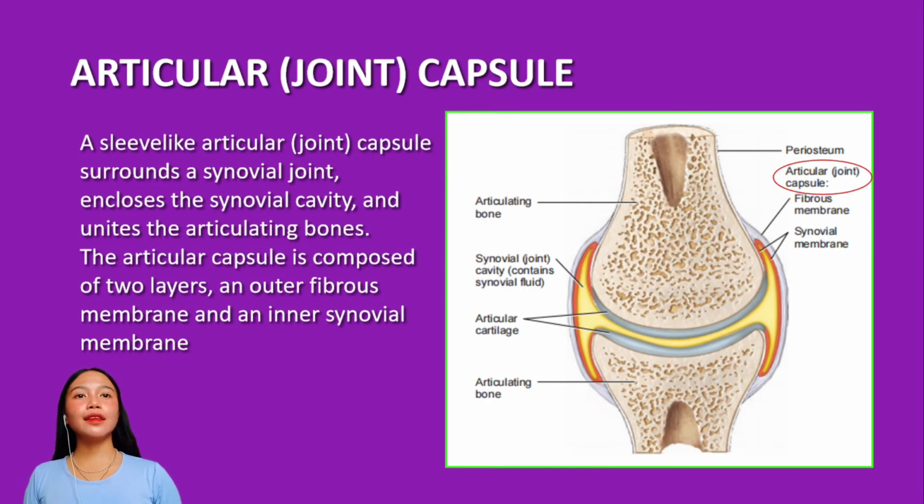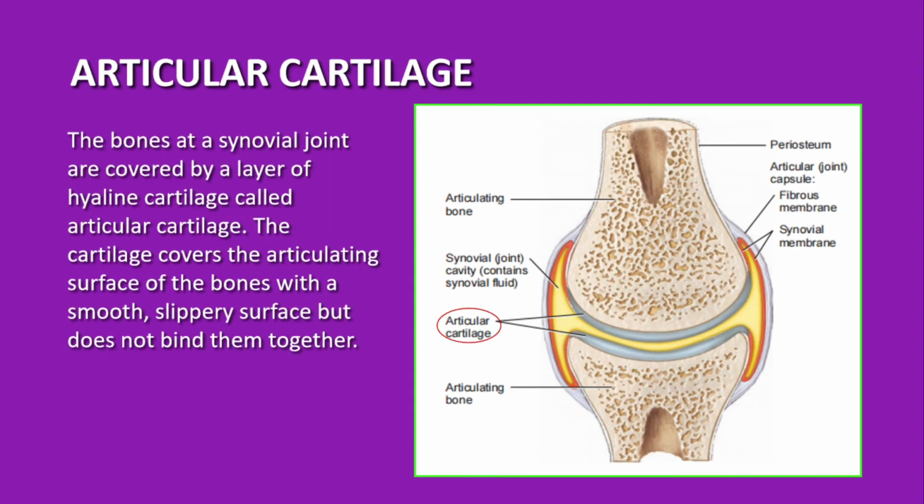A sleeve-like articular capsule surrounds a synovial joint, encloses the synovial cavity, and unites the articulating bones. The articular capsule is composed of 2 layers, an outer fibrous membrane and an inner synovial membrane. Next is the articular cartilage.